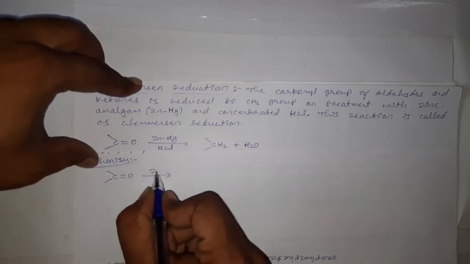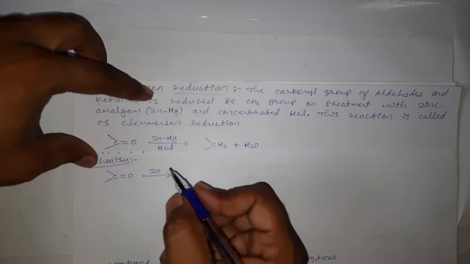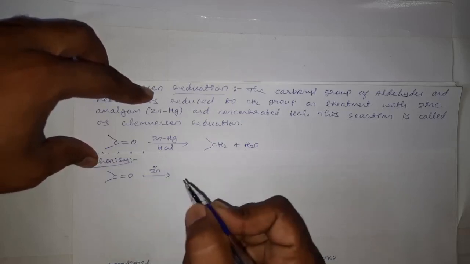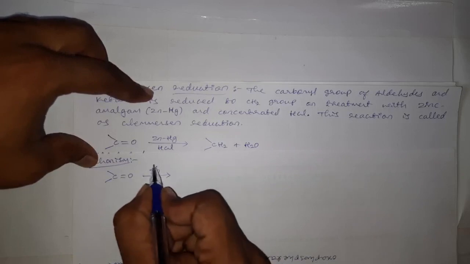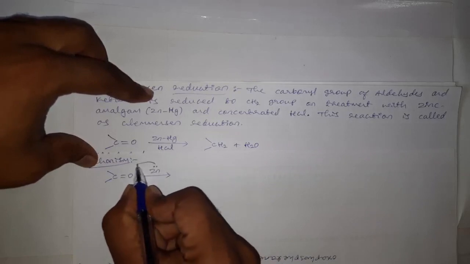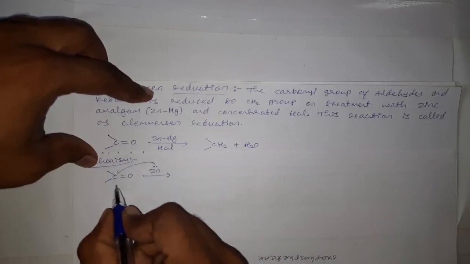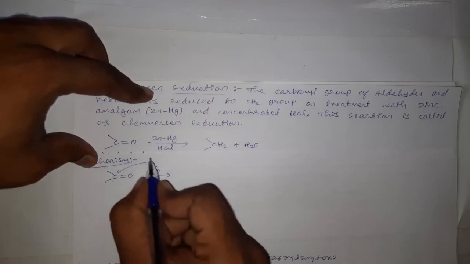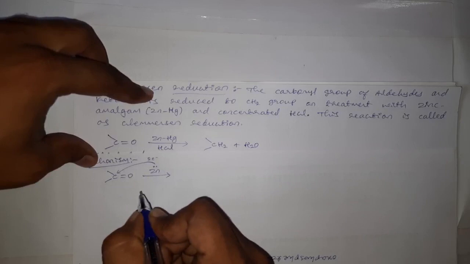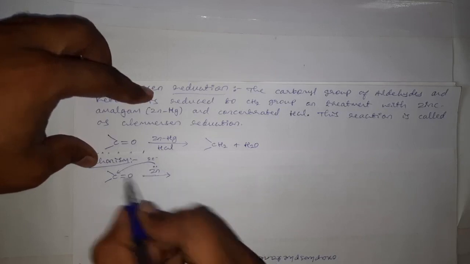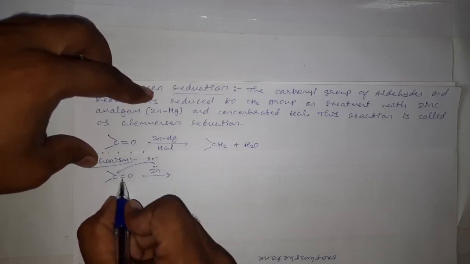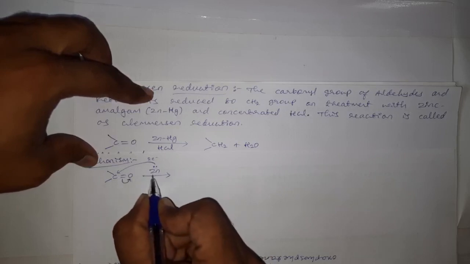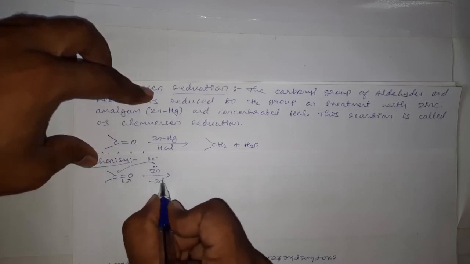When the zinc amalgam is added to this, we know that zinc is a metal which can donate two electrons to the electrophilic carbon of the carbonyl group. It will donate two electrons to this carbon, and the pi bond electrons will move towards oxygen. And this zinc will go out as Zn2 plus.